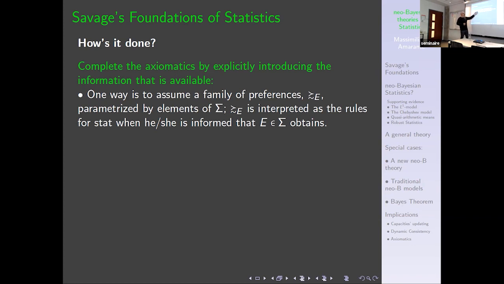Okay, and you interpret these preferences as the set of rules that the statistician is to follow if he knows that event E obtains, if this information is generated by the fact that he knows that E obtains. And then you would have to link these preferences to one another.